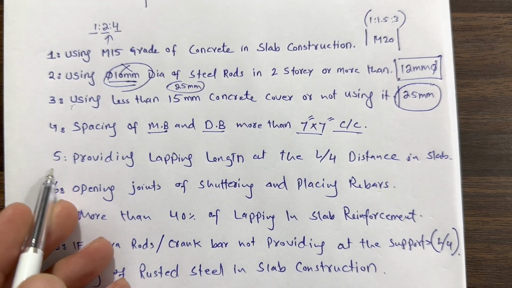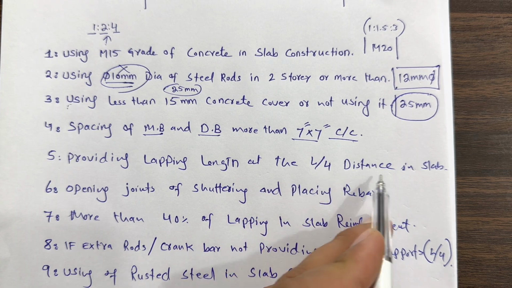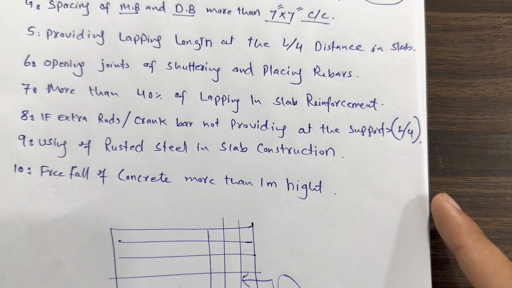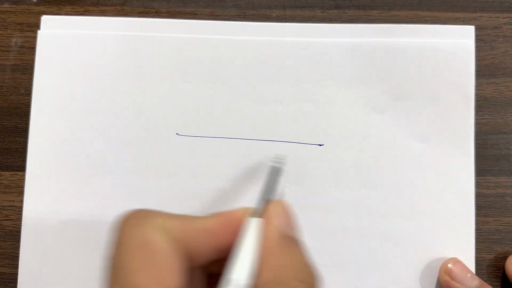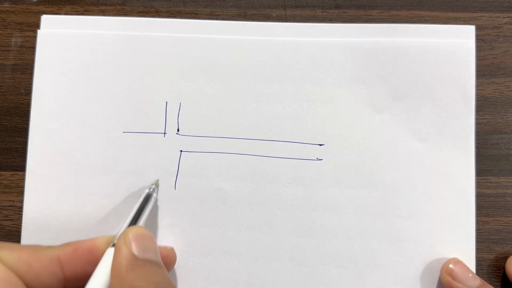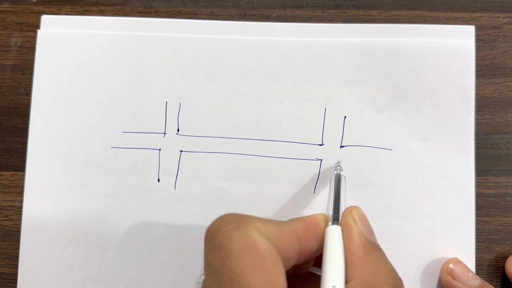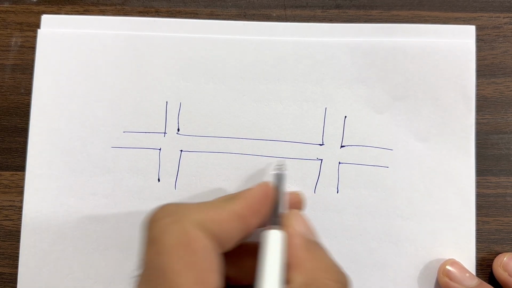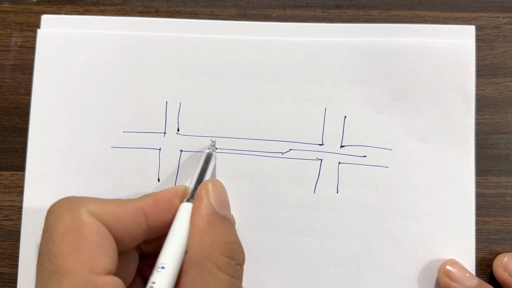Next guys, the 5th one is providing lapping length at the L/4 distance in the slab. What is L/4 distance in the slab? Let me guide you. Suppose here this is an RCC slab and this is the column. Inside this you can see the crank bar.